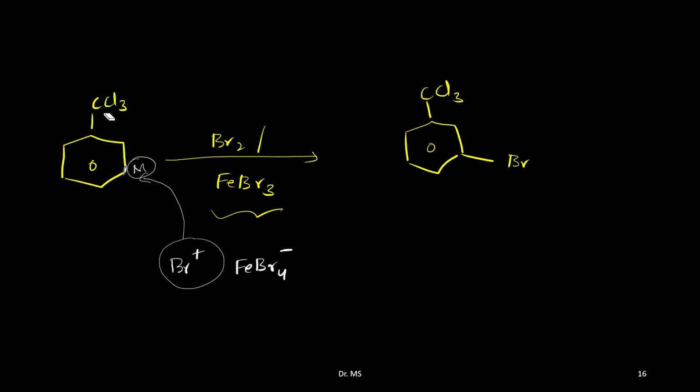That means it is a strong electronegative group, because of the presence of the chlorine. When we say someone is strongly electronegative, it is taking the electrons. So that's why this group is said to be a strong electron withdrawing group.